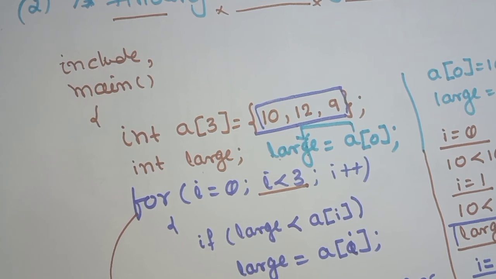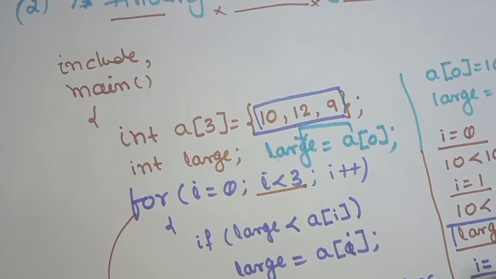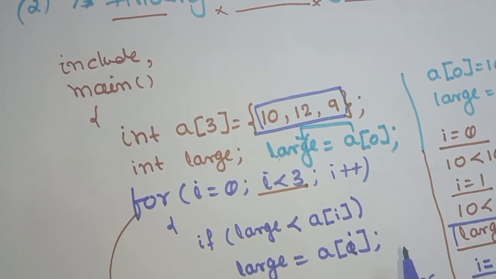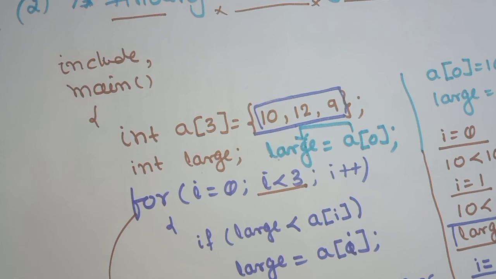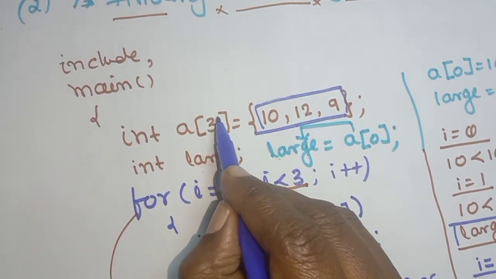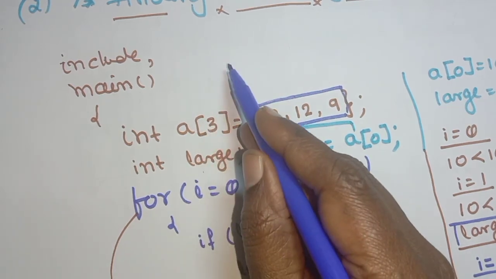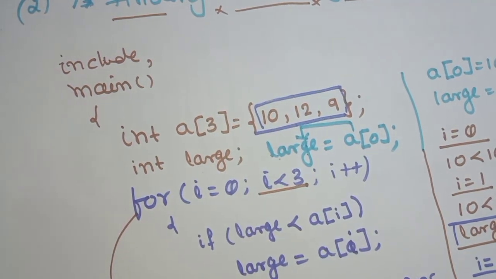Then what to do? In companies, you have to write a general program. For the general program, you have to take this as n, and before this you have to read that n value.